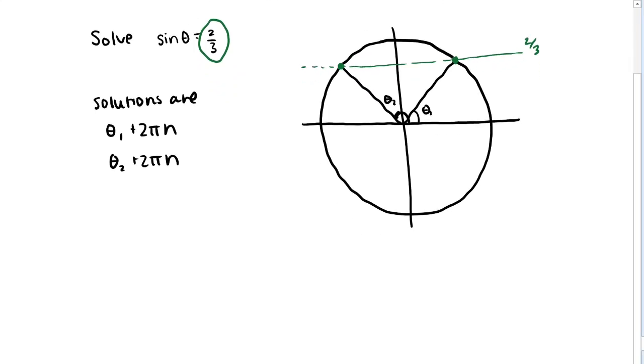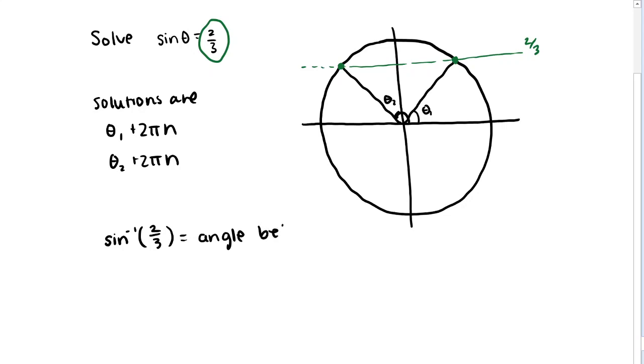Let's go ahead and write this down. So this really means that sine inverse of the side length, or we can think of it as the y coordinate, is going to give us back the angle. And it's a function, so it's only going to give back one specific output for this input.